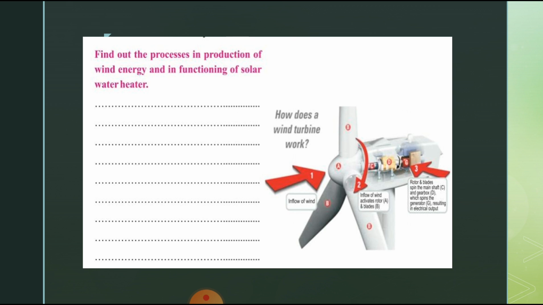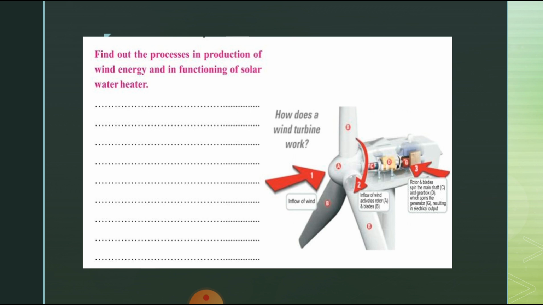It is written over here, rotor and blade spin, the main shaft C, and gearbox, that is D. Inside they have written A, B, C. You can see in the picture. It will be easily visible when you open your textbook. They have mentioned A, B, C, D, and the main shaft, that is C, and the generator D. Wherever D is written, the yellow one, that is a generator, and with it spins the generator G. There is a red one, that is generator G, resulting in electrical current output.